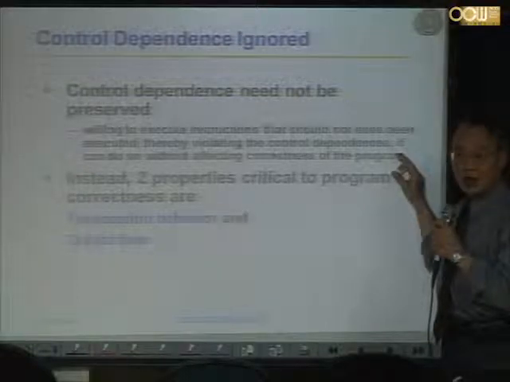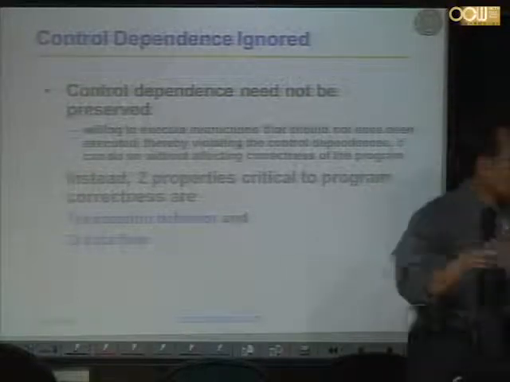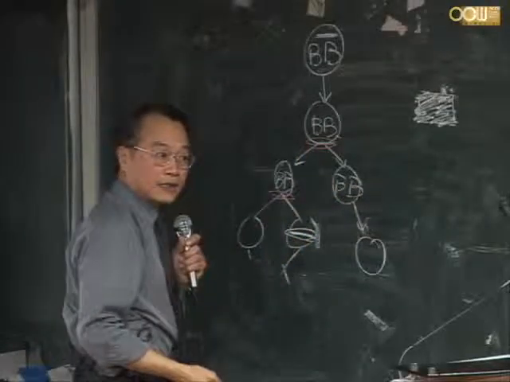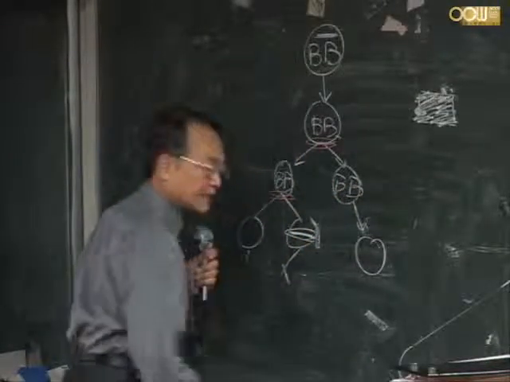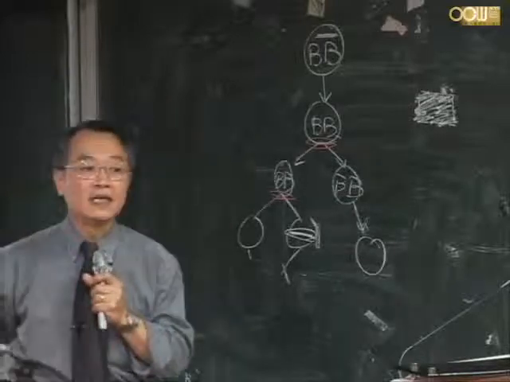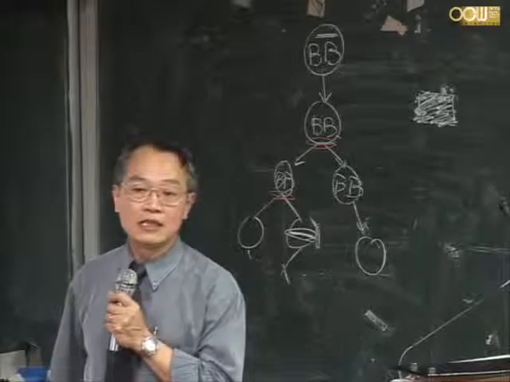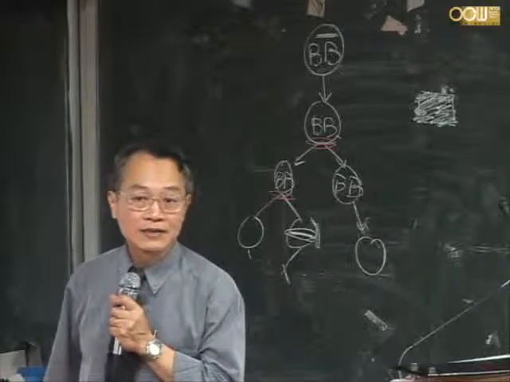So you can do all the redundant work, try all the control flow paths, as long as that can make your program finish early. That's what our customers want.